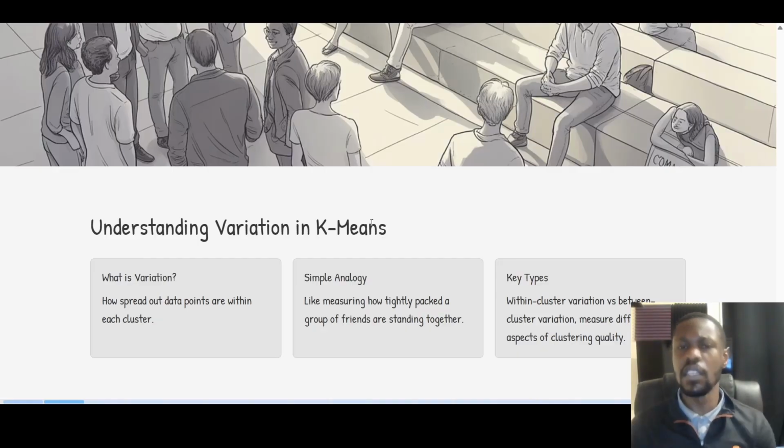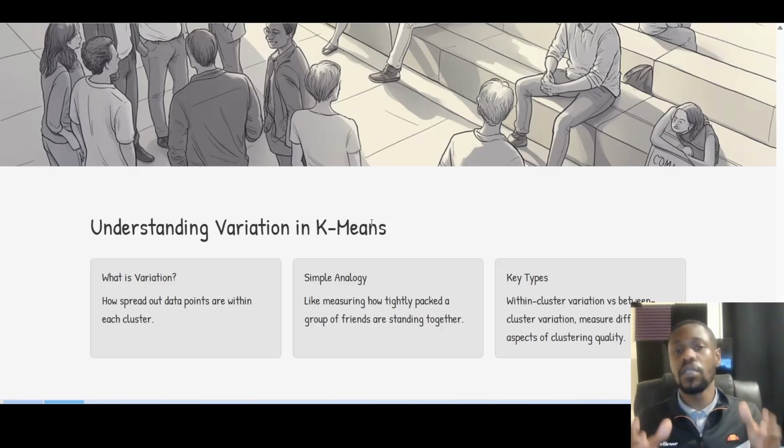For an initial explanation of within cluster variation, let's use the same analogy of friends standing tightly packed together. The variation would be how close they are standing together.